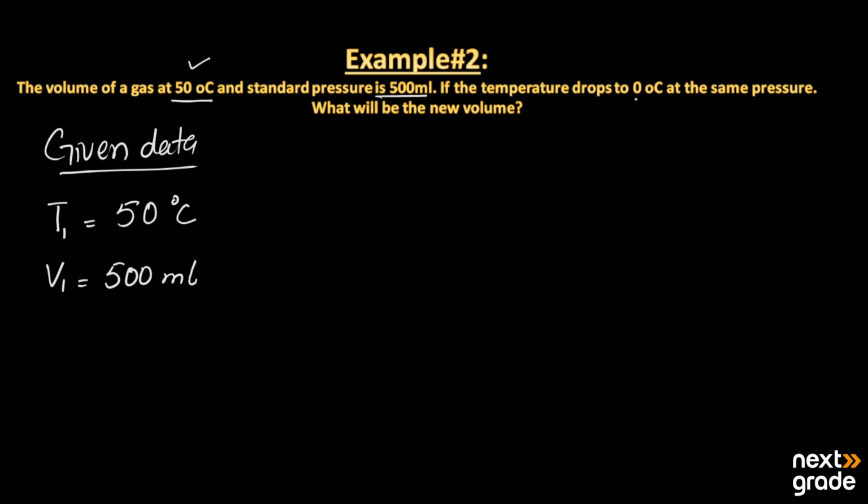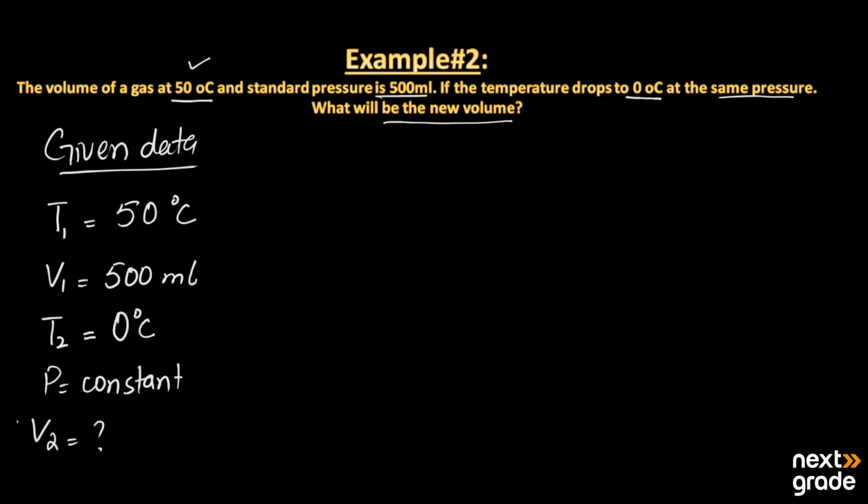If the temperature drops to 0 degrees Celsius, this is the final temperature T2, at the same pressure, meaning the pressure is constant, then what will be the new volume? Here we need to find the new volume V2 for this gas.